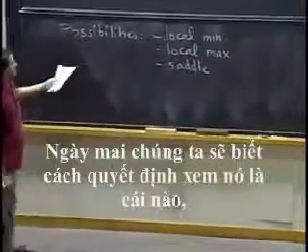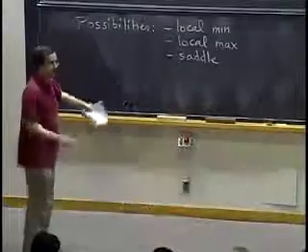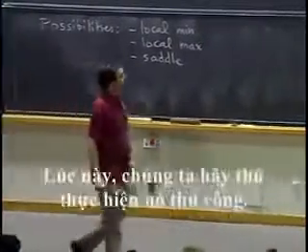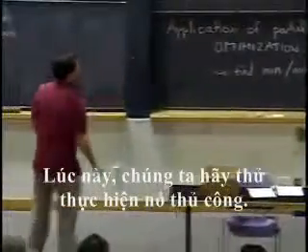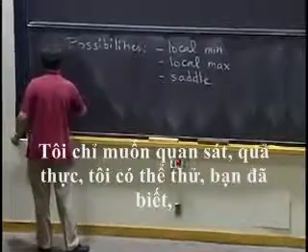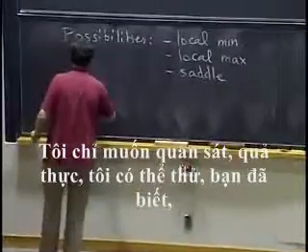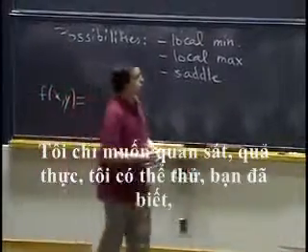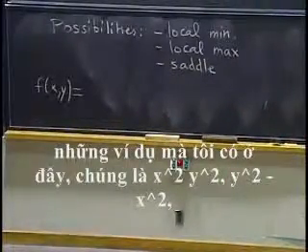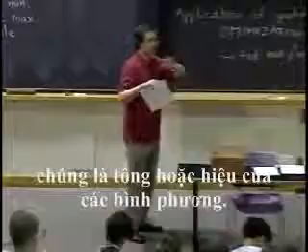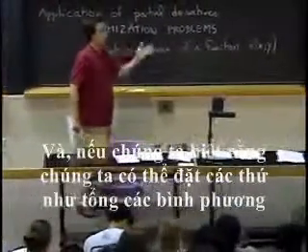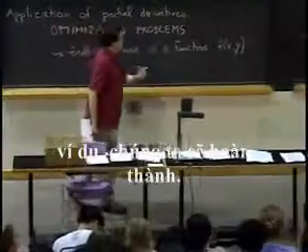Tomorrow we'll see how to decide which one it is in general using second derivatives. For this time, let's just try to do it by hand. I just want to observe that these examples, x squared plus y squared, or x squared minus y squared, are sums or differences of squares. And if we know that we can put things as a sum of squares, for example, we'll be done.